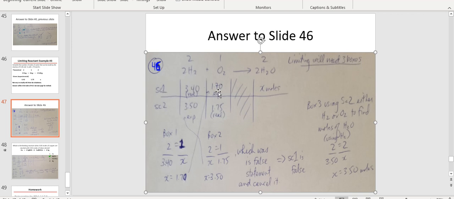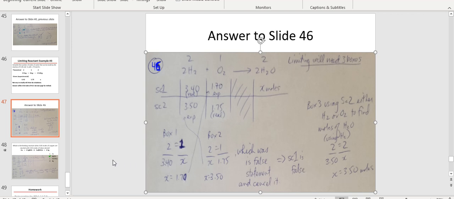Okay, and the answer is looking for the number of moles of hydrogen. Okay, based on using this amount. You could use this box, get the answer, or you could use this one, you'll get the same answer. Okay, and that's how we do this. And the answer I think we found is 3.5 moles.